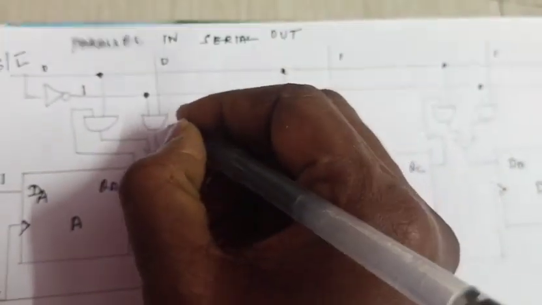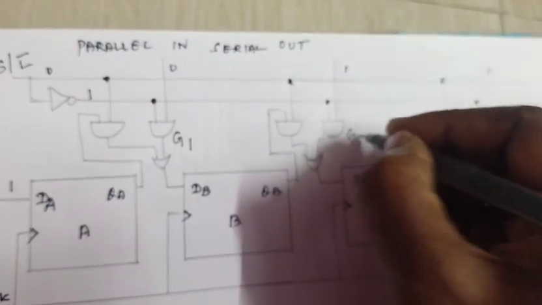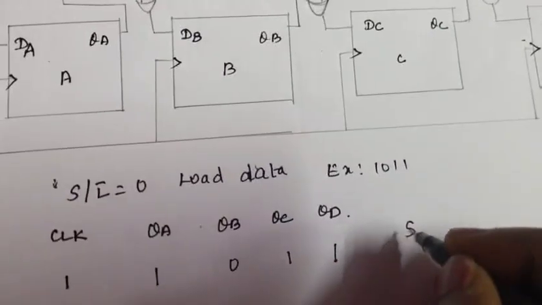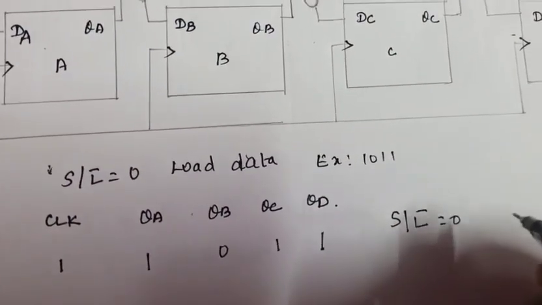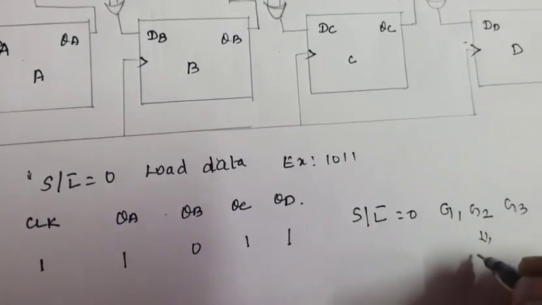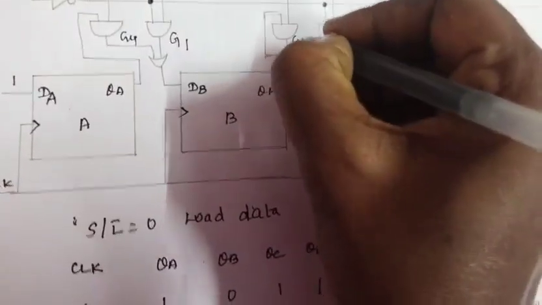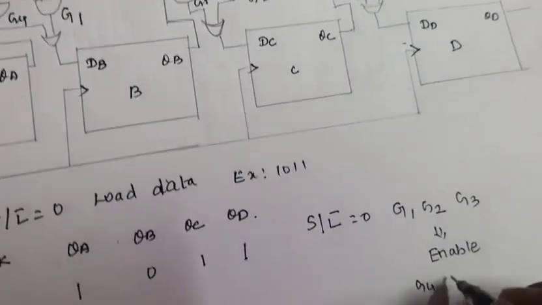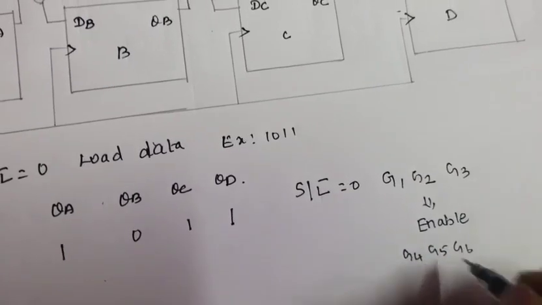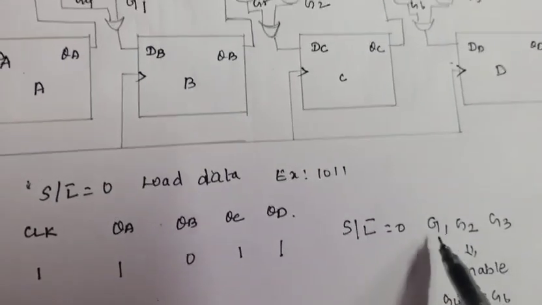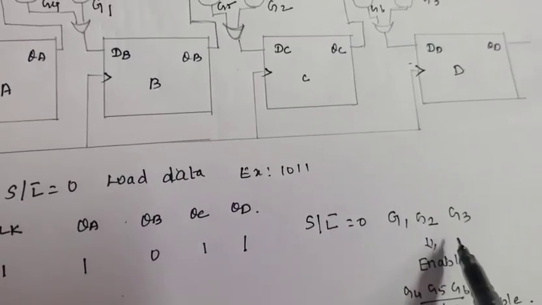So the gates G1, G2 and G3 will be enabled, and your G4, G5 and G6 will be disabled. That means G1, G2 and G3 are used to load the data.